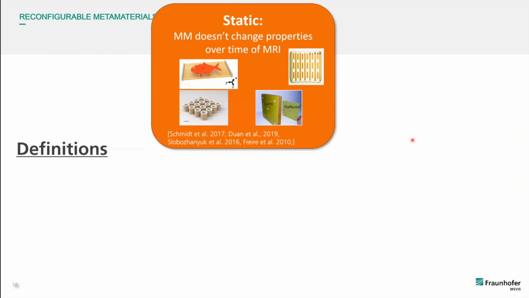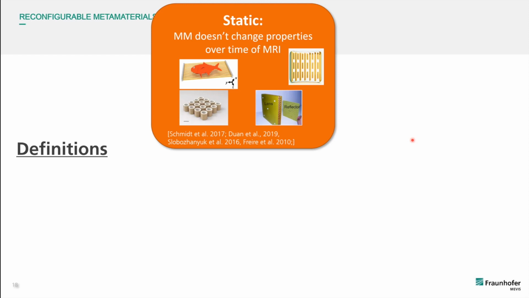That's why I'm not talking about it too much, which just leads me to clarifying the different terms. I will be talking about four different properties or different classes of metamaterials.